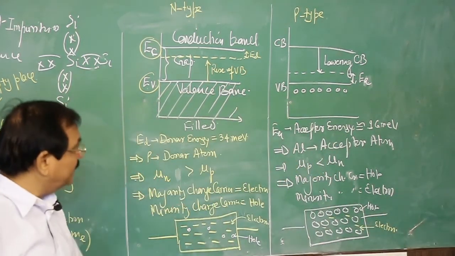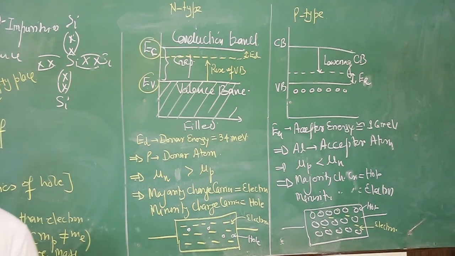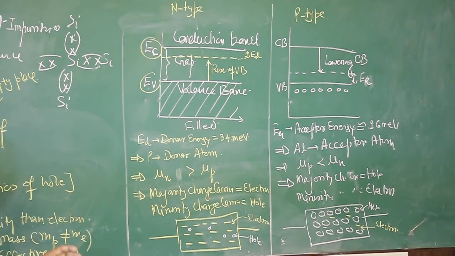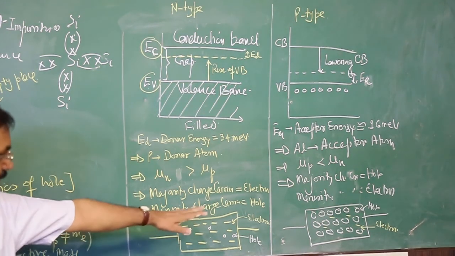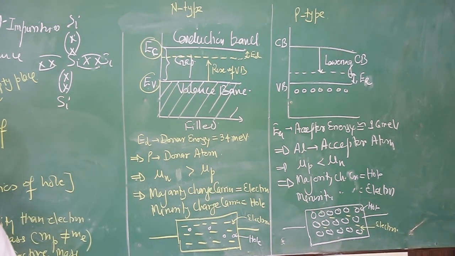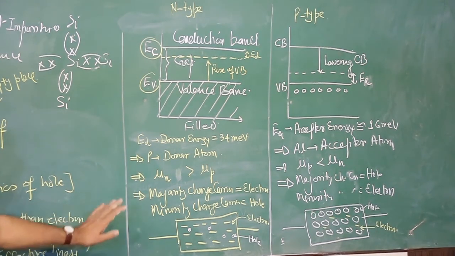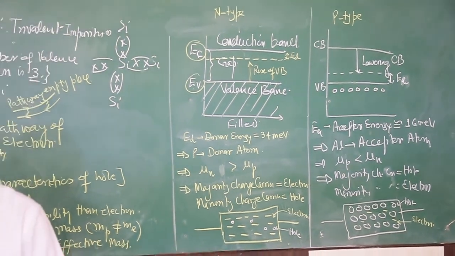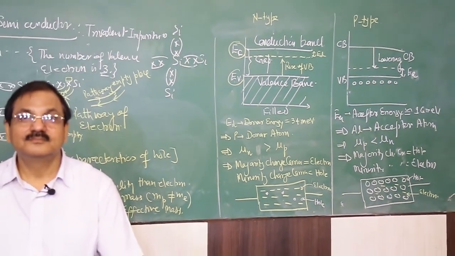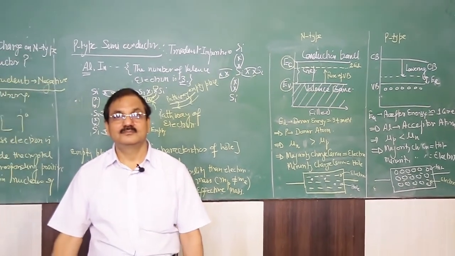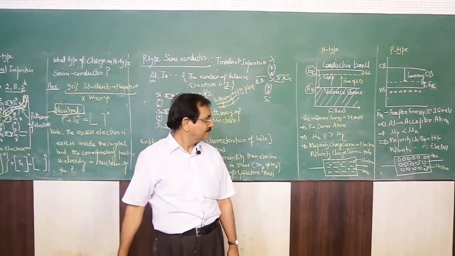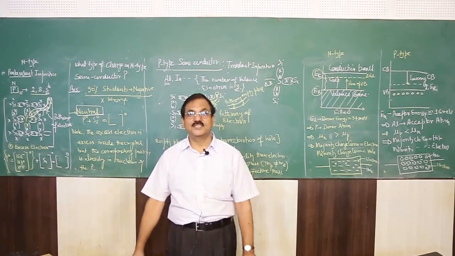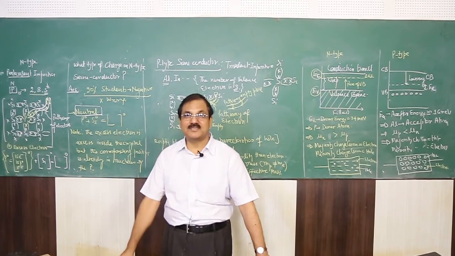So, this is about the p type and n type semiconductors. The crystals of p type and n type semiconductors are given in this form, and this is the concept of p type and n type semiconductor.